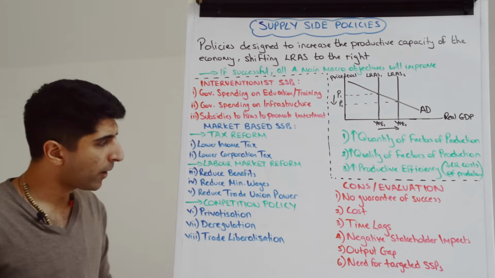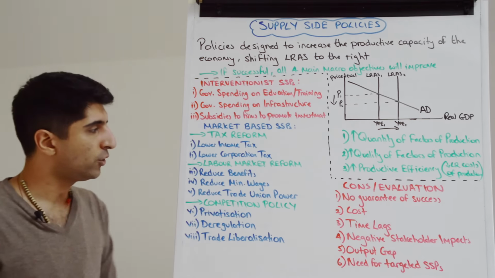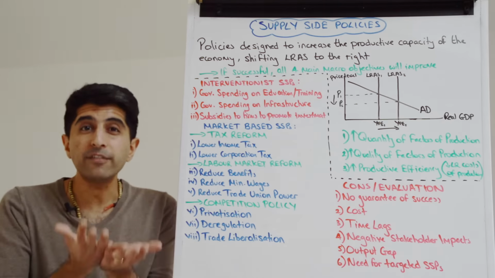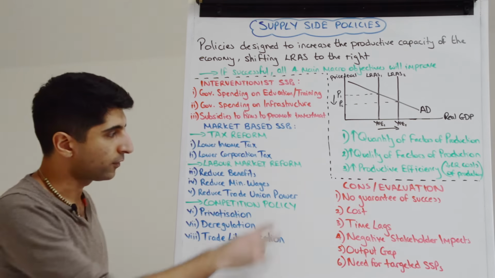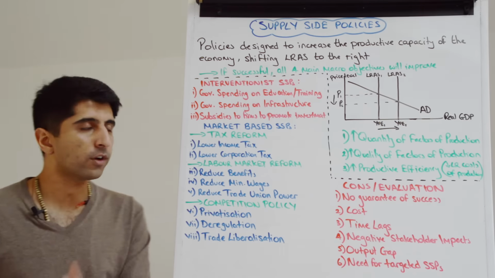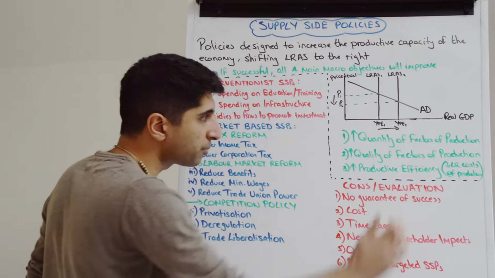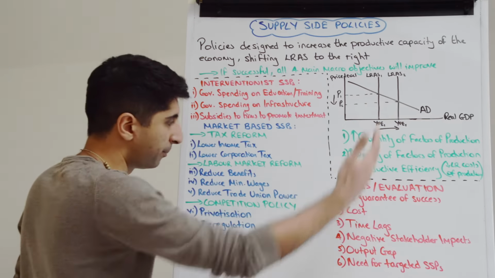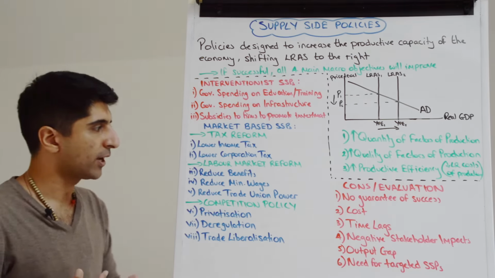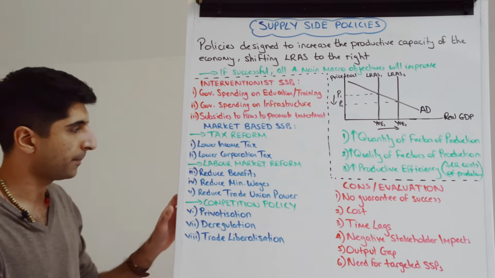A reduction in minimum wages and a reduction in trade union power. Both of these things, minimum wages and union power, drive up costs of production for businesses. So if we reduce minimum wages and reduce union power, it's going to reduce long-run costs of production for businesses, boost productive efficiency in the economy, and therefore boost LRAS. And you can see how all of these are taking away the role of government in the economy, and that's why they're market-based supply-side policies.